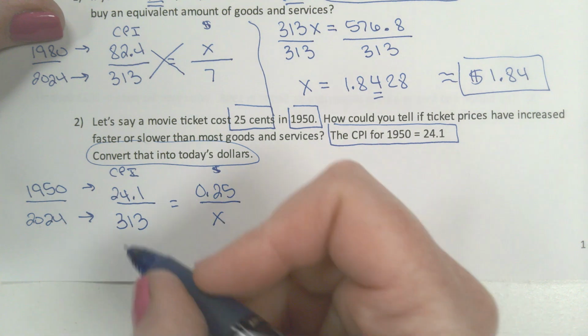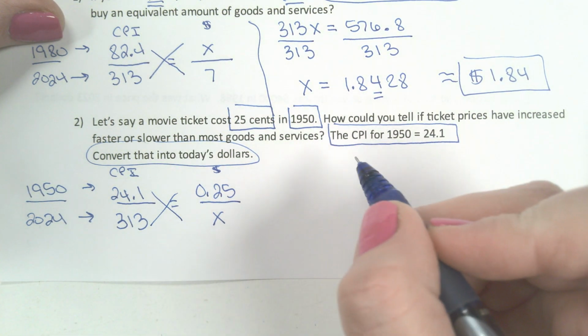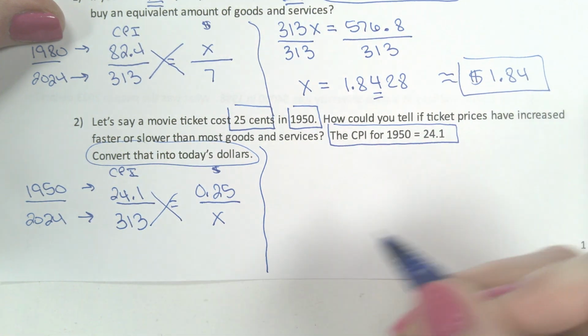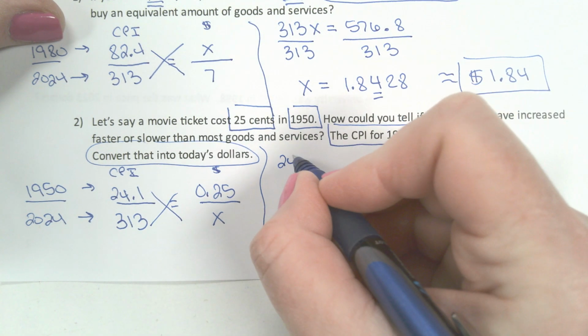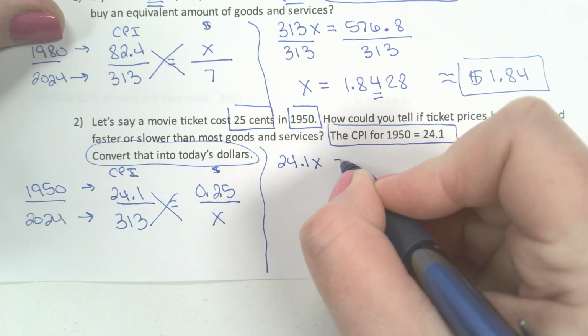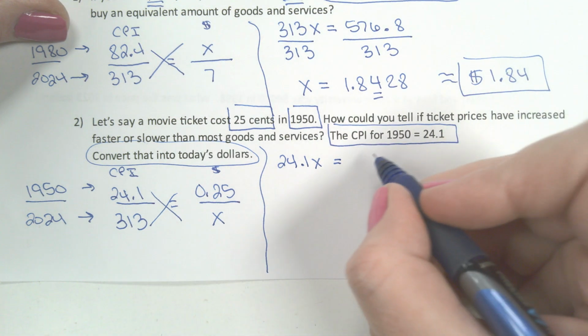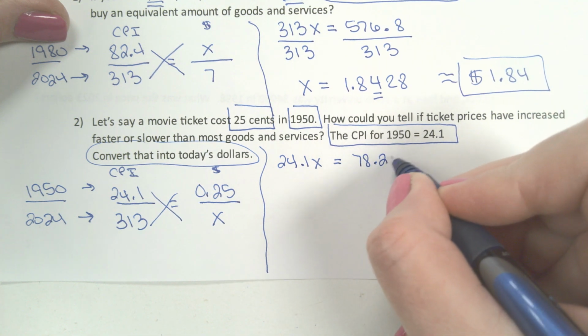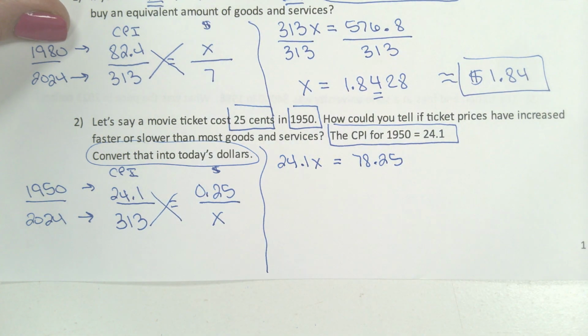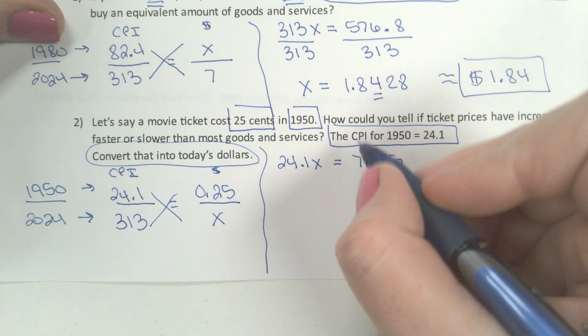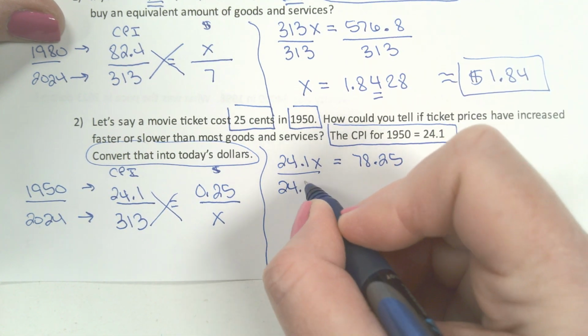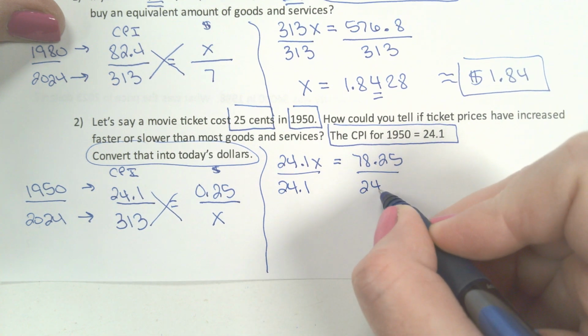Once you have fraction equals fraction, you're going to cross multiply. 24.1x equals 78.25. I'm going to divide both sides by 24.1.